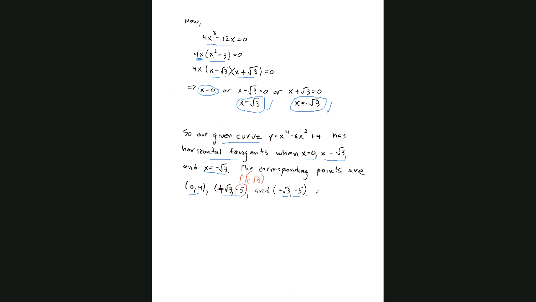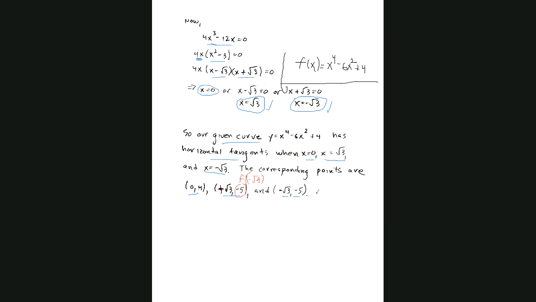And so what I did was the function, the curve, okay, hold on here. The curve is equal to x to the 4th minus 6x squared, plus 4. Good question being asked.